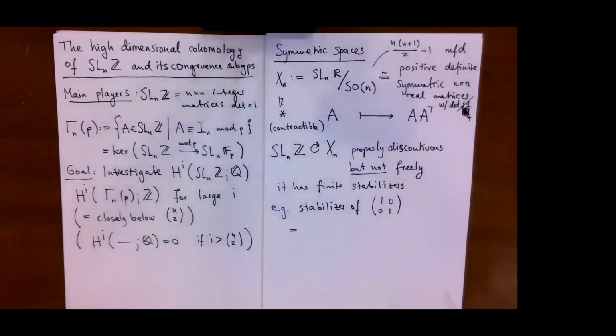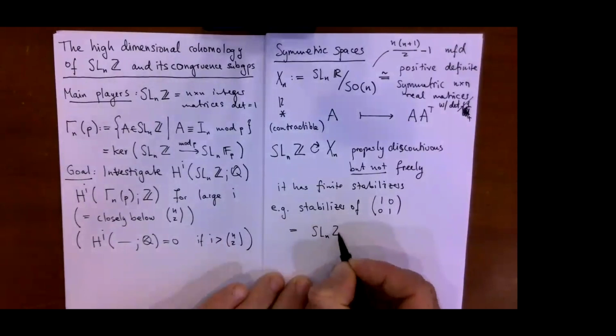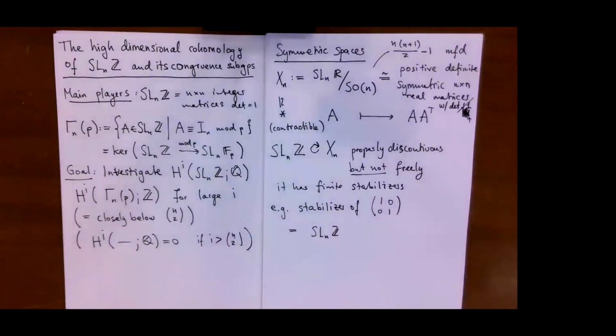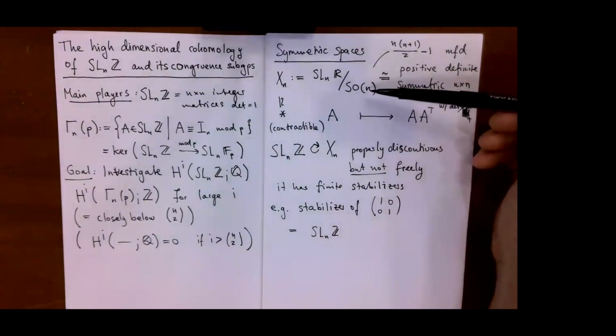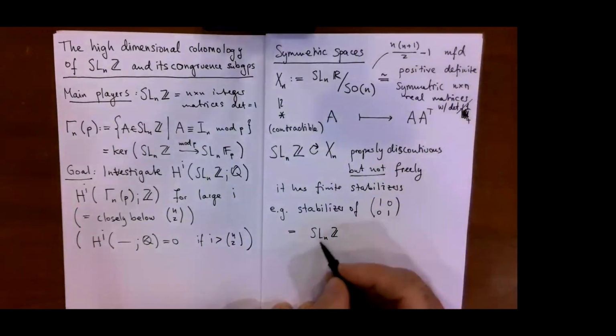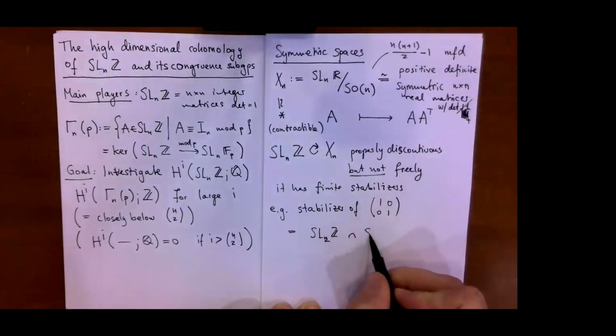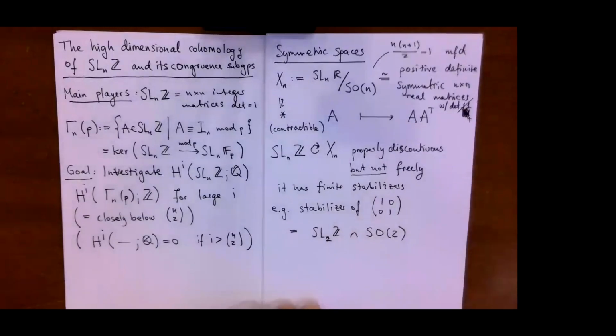Well, first of all, the stabilizer is, of course, in SLnZ. It's a subgroup of that. But then you multiply a matrix with this matrix. Now you get out the matrix that you multiplied it with, and it stays in the same coset if it's actually in SOn. I guess n in this case is 2. So this is SL2Z intersected with SO2.